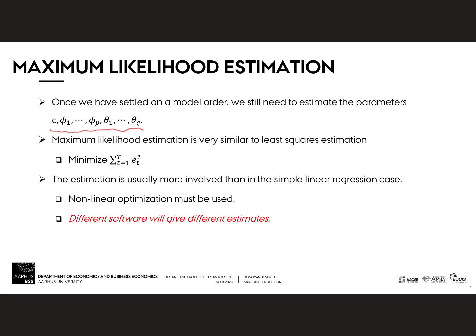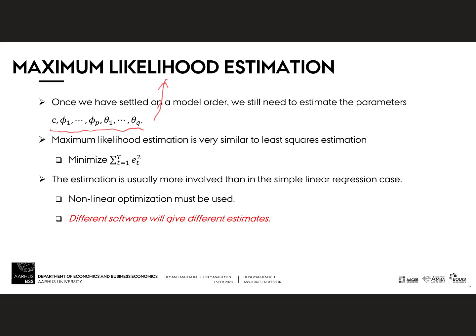So how do we estimate the parameter values? We use this method, maximum likelihood estimation. The general idea is you try different parameter values, and then you estimate the distribution of your time series.